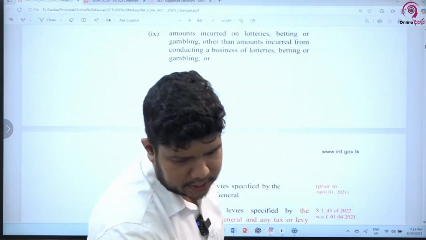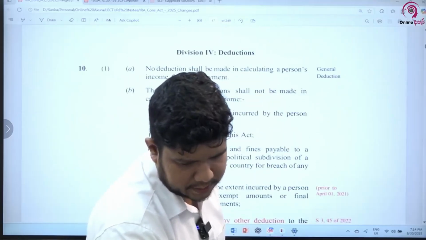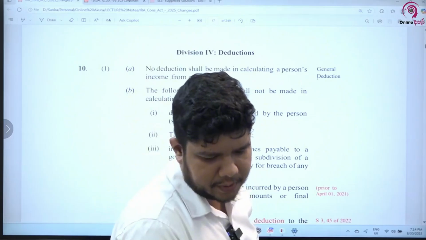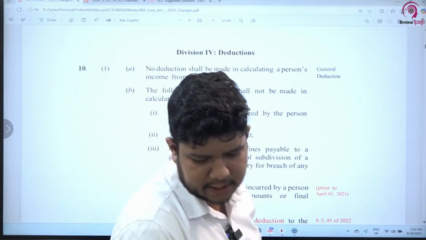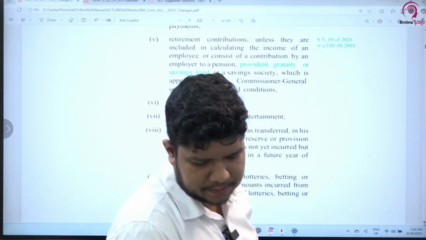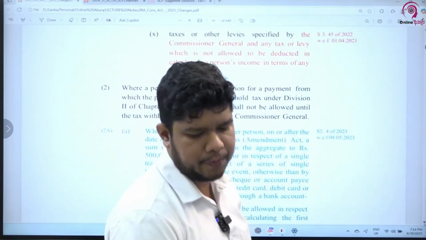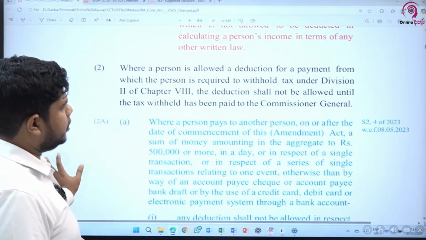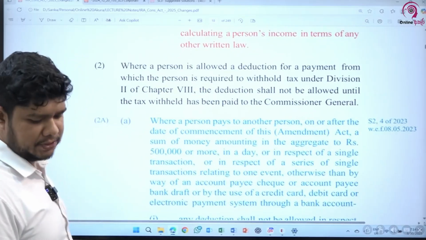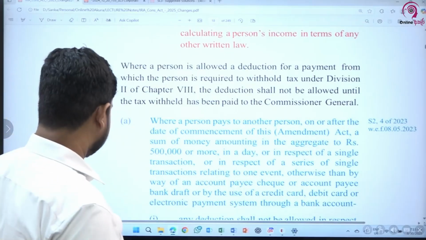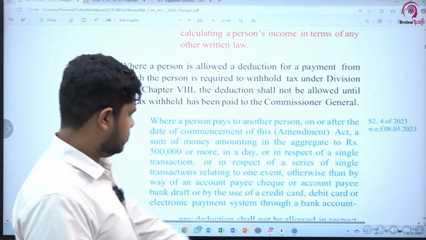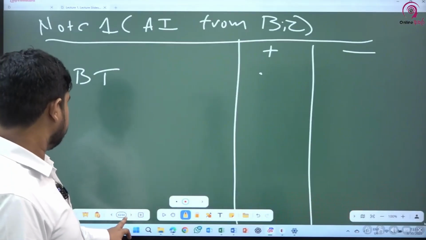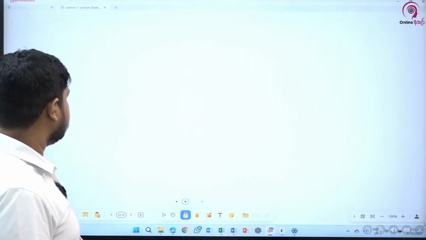This one, section 10, disallowable deduction. First, no deduction shall be made from the employment income, then the below deductions are not allowed, right? Subsection 1. Subsection 2, this is a very important section. For your exam, you understand it in this way, right? For your exam, right?